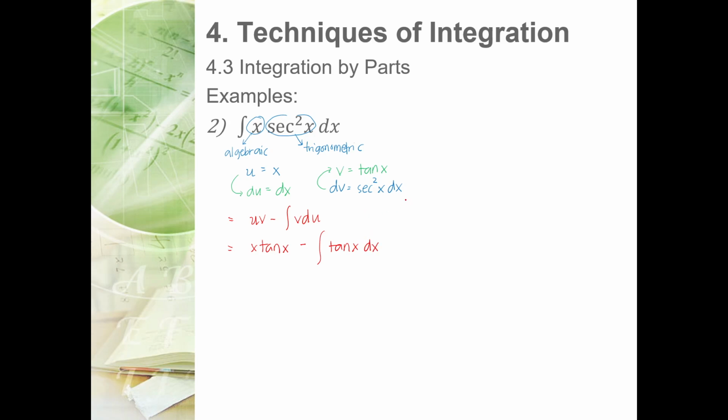So take note that we have two different integrals for tangent. As you may recall, there's a positive and negative format, diba? The negative format is negative ln of cosine x, diba? The positive version is ln secant x plus c, diba?